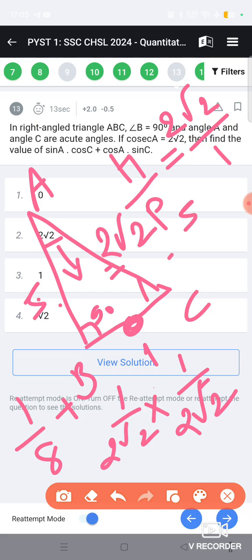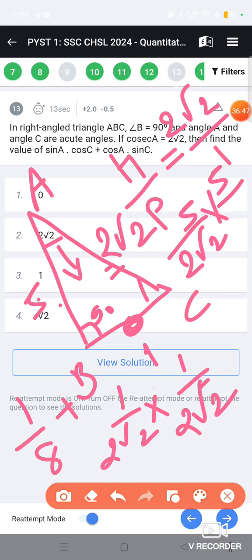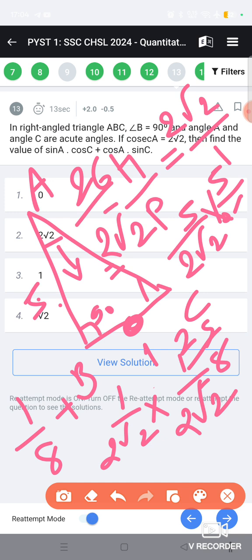Base is equal to 5 by 2 root 2 into sin C. Sine means perpendicular by hypotenuse, 5 into 5 by 2 root 2 into 2 root 2, it means 25. 25 by 8, that is 20, 26 by 8.